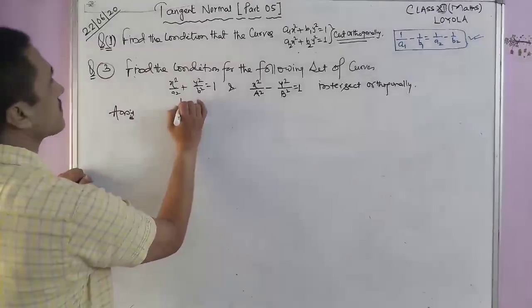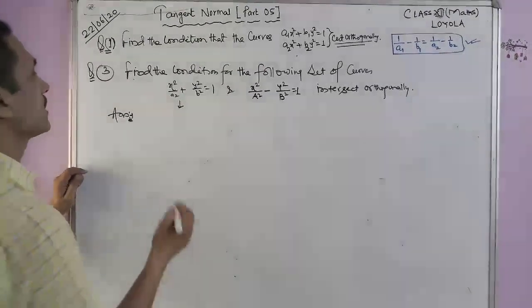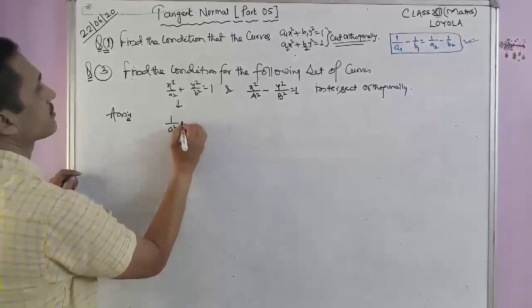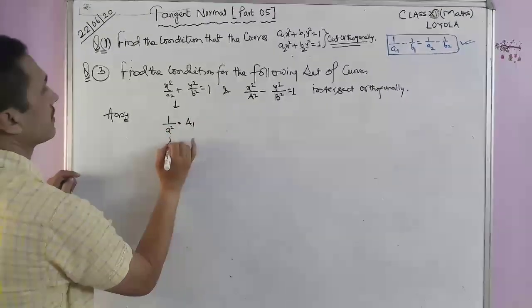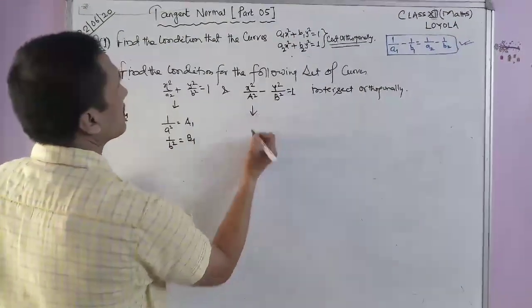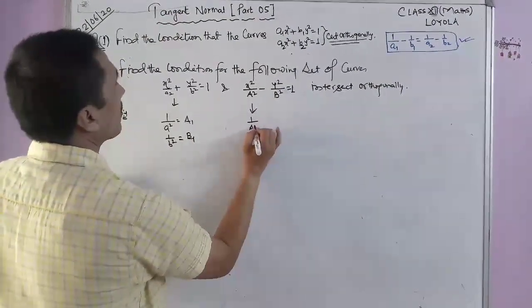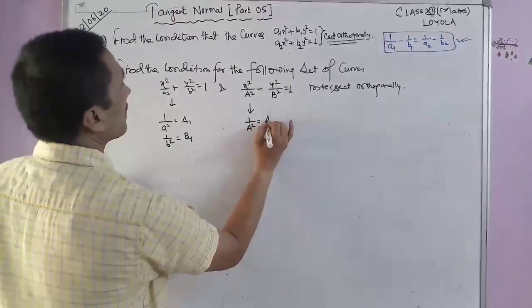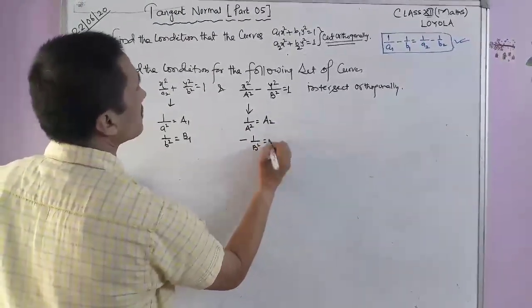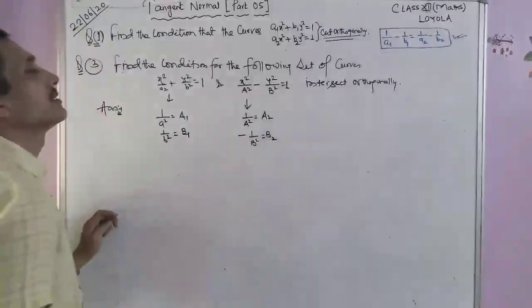Like the previous question, we assume the coefficient of x square, y square, 1 by a square is a1, 1 by b square is b1. In this case, 1 by capital A square is a2 and minus 1 upon capital B square is b2.